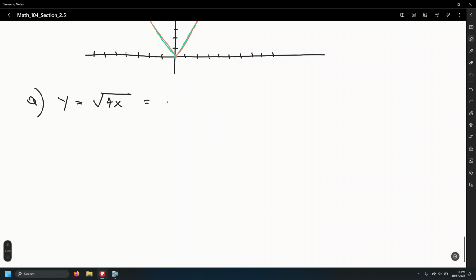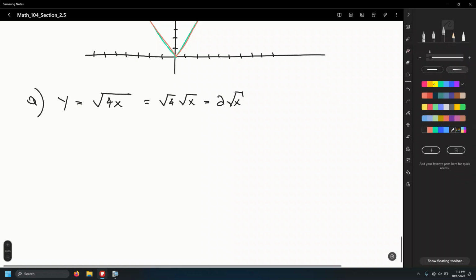That is equal to the square root of 4 times the square root of x, which equals 2 root of x. All right, so here is the thing. I'm going to treat this guy right here as horizontal scaling, and I'm going to treat this guy as a vertical scaling.